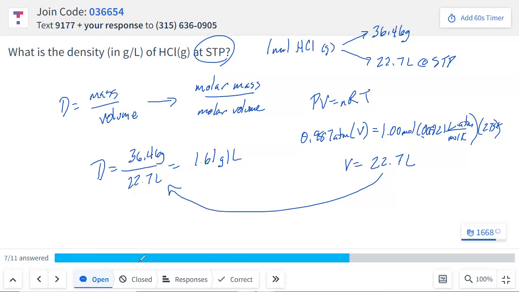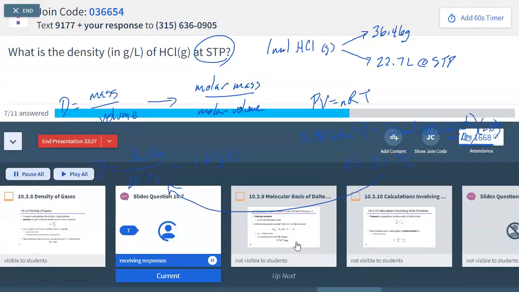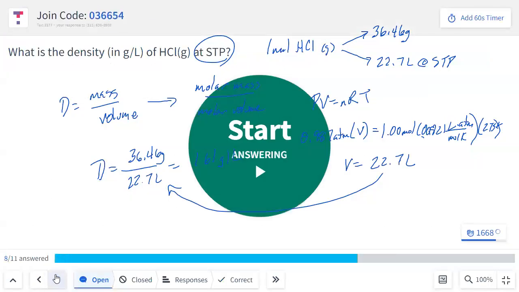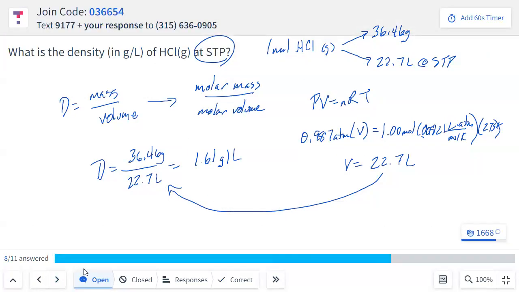So rather than memorizing that equation here and trying to make sense of this equation to figure out the density, I can use the ideal gas law, and it will put me in the right position to answer the question correctly anyway.